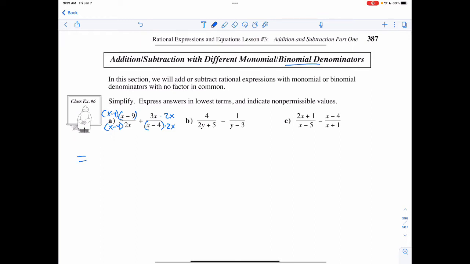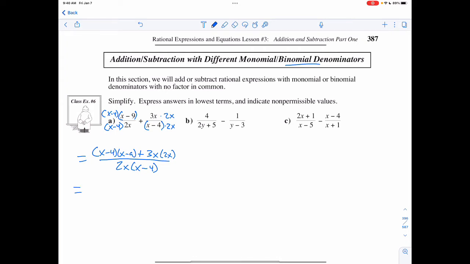This is going to give me x minus 4 times x minus 9 plus 3x times 2x, all over the 2x and the x minus 4, both my factors that exist in the denominator.